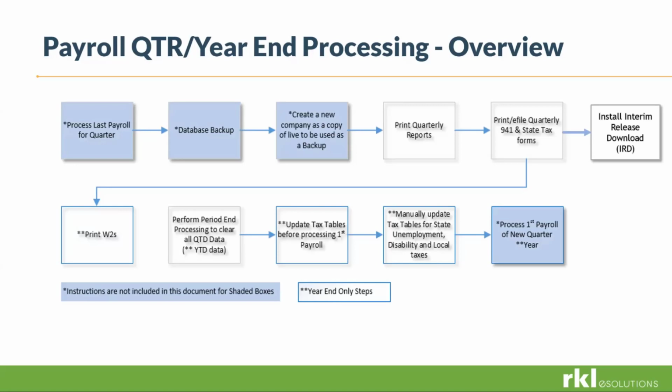Print your W-2 forms, perform all of your period end processing to clear out your quarter and year-to-date data if you're on 2017 or lower. If you're on 2017 or lower, update your tax tables prior to processing the first payroll for 2020. And then you may need to manually update some tax tables for your state unemployment, disability, and local taxes. This still applies to 2017. Then you're ready to process the first payroll for the new year.